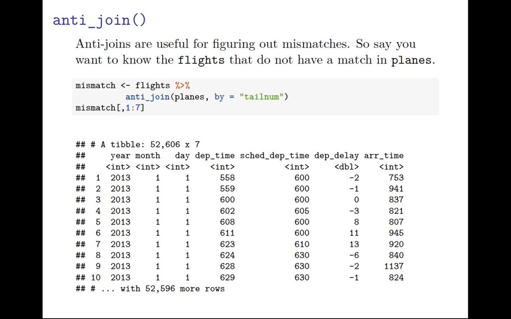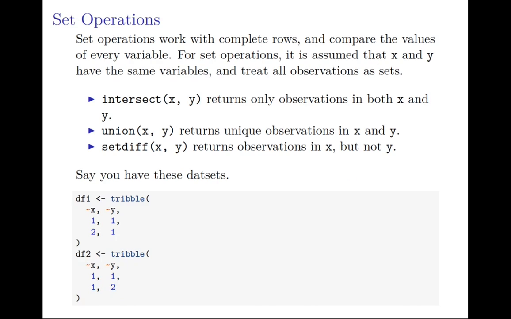And so the final type of relational function we want to talk about is set operations. You may use these less frequently, but they're often good for data cleaning, especially setdiff. Set operations work with complete rows and compare the values of each variable. For set operations, it is assumed that x and y have the same variables, and they treat all observations as sets. There are three functions you might use.